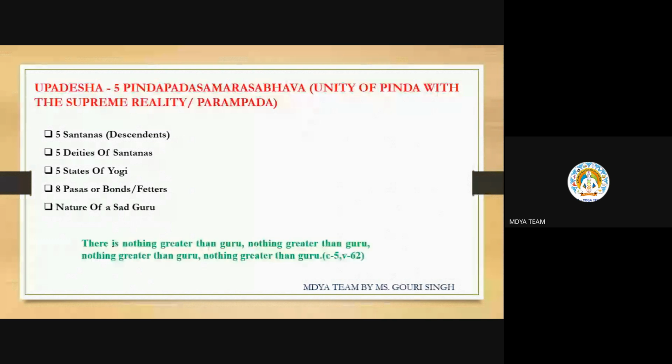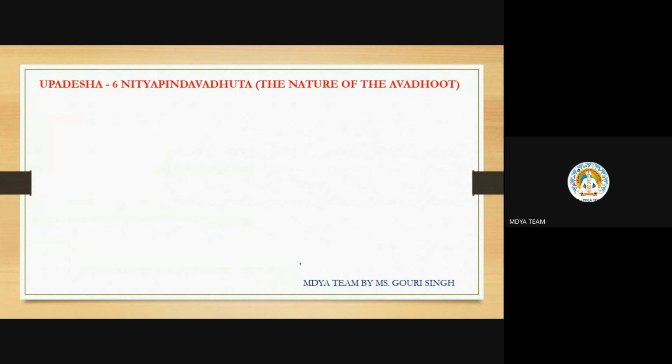Okay. And repeatedly he mentions that there is nothing greater than Guru. In the fifth chapter, verse 62, repeatedly he is telling Guru's path, that what the Guru says and advises, you need to follow. Okay. And in Upadesa 6, Nityapinda Avadhuta, the nature of the Avadhuta, is discussed.